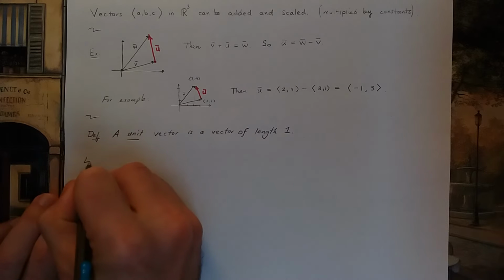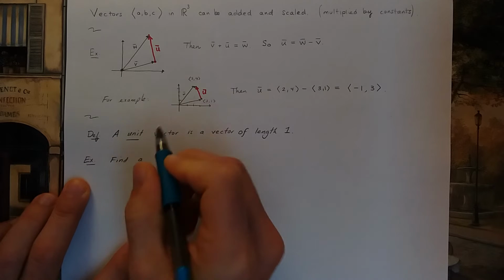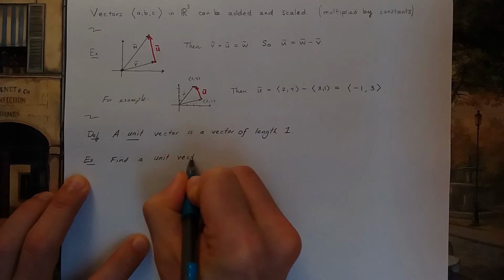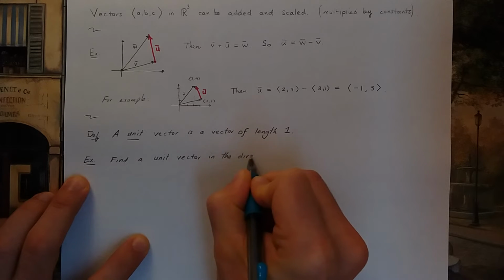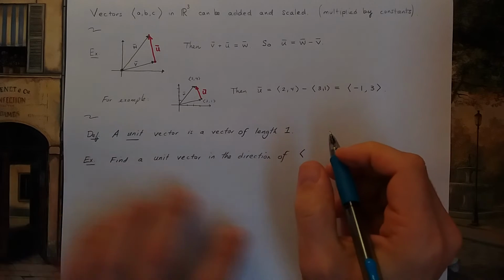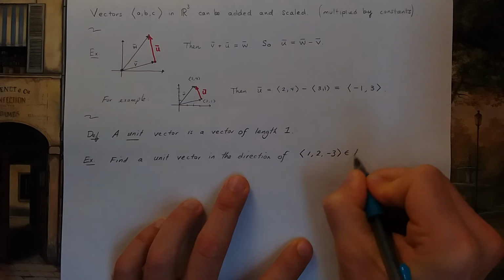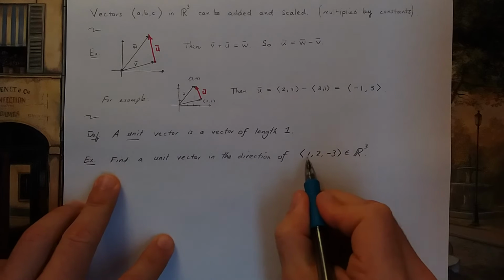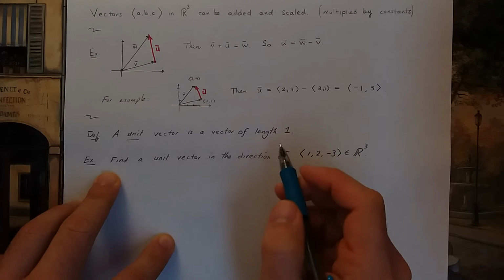Here's an example. Let's find a unit vector in the direction of, how about the vector in R3, 1, 2, negative 3. So now I'm in R3, 3 dimensions. So this vector has a given direction and length, and that length may not be 1.